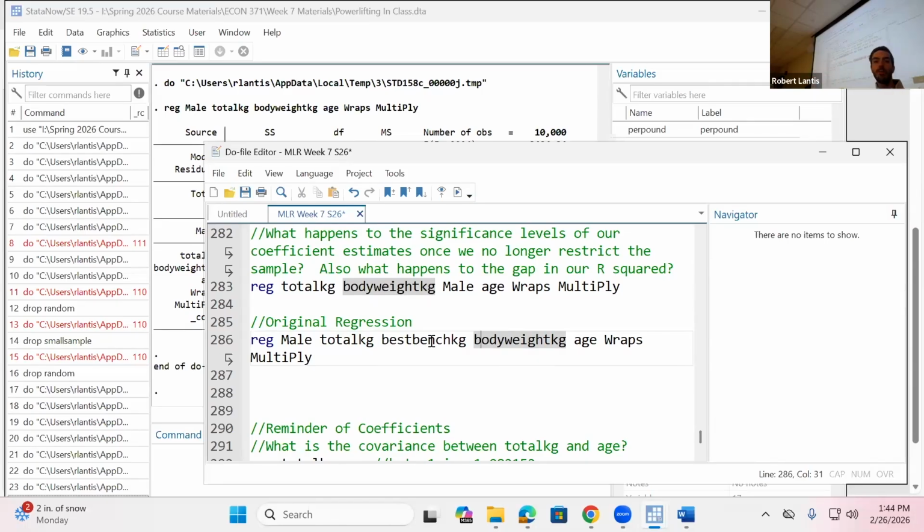Okay? So if I have imperfect multicollinearity, we said in general, and this is probably something you just need to memorize, if I run this regression, the standard errors on one of those variables that are imperfectly multicollinear should go up. Let's think about it.